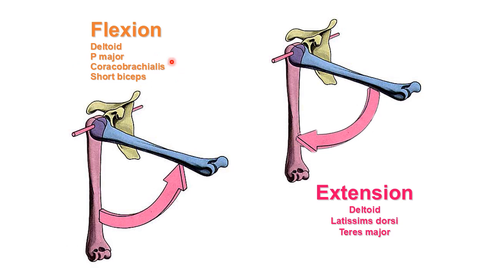This will be discussed when we study the arm. Extension is done by the posterior fibers of deltoid, latissimus dorsi, and teres major. Remember, these muscles are related especially in action.